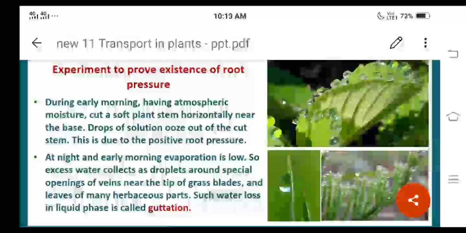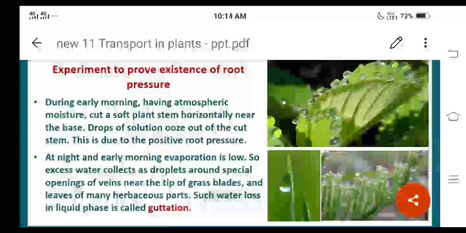And here we can observe that at night and early morning, evaporation will be slow. It means what here? The transpiration rate will be low, right? At night and early morning evaporation or transpiration rate is low, so excess water collects as liquid droplets around special openings of veins near the tips of grass blades.